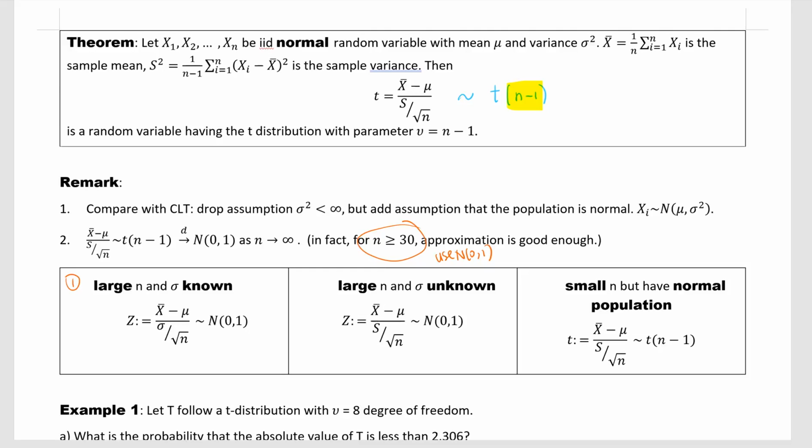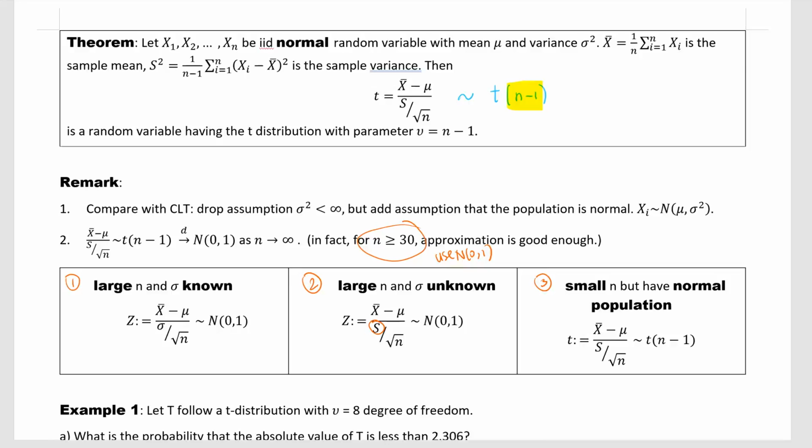Second case, we have large n and we don't know sigma. In this case, we use the sample standard deviation to replace sigma, and this is also approximately normal, so we can still use the standard normal distribution. Large n means greater than or equal to 30.